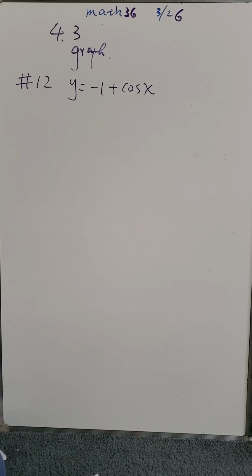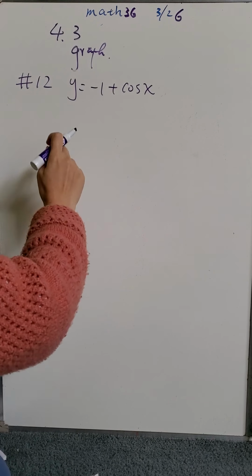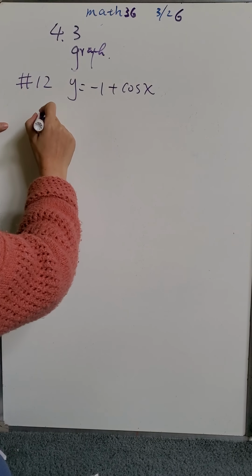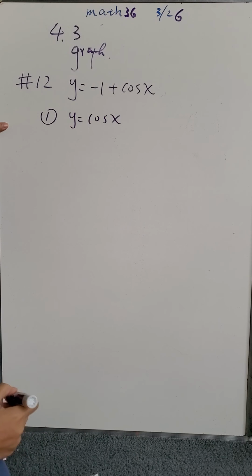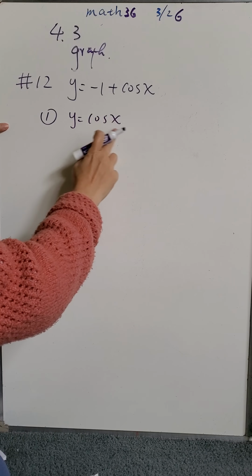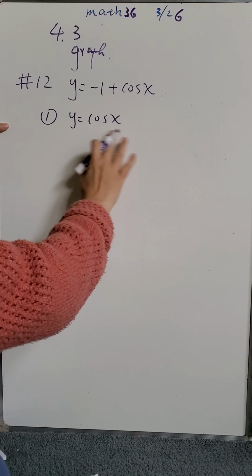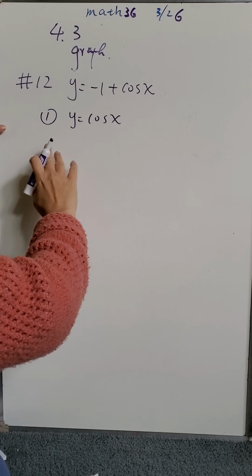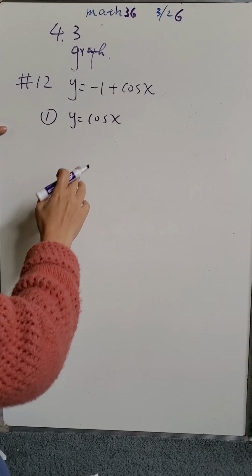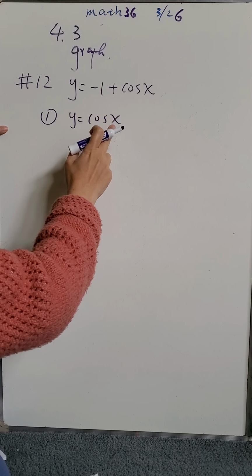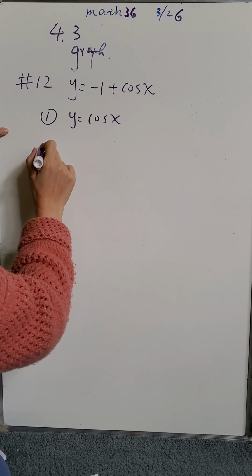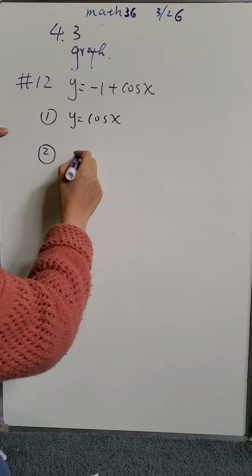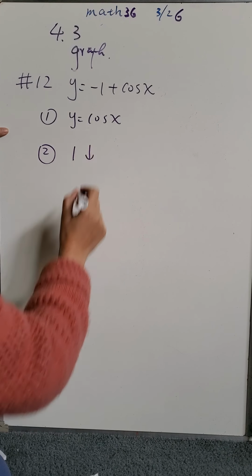So that's my k here. And so we're going to graph y equals cosine x. That is the standard graph, so I don't need to worry about other stuff. I know the amplitude is 1, and the period is 2 pi. Then I'm going to do this negative 1. This means 1 unit down.